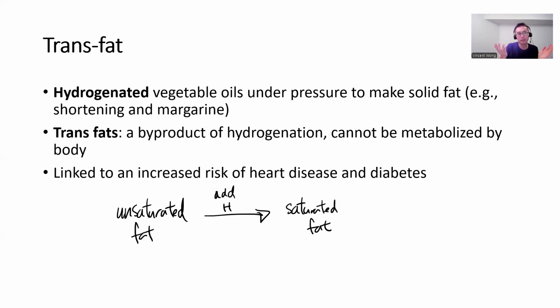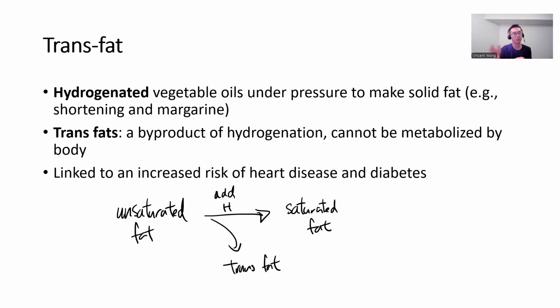So the food industry found a way to take vegetable oil, which is liquid, and convert it into a spreadable form. This process is called hydrogenation. And the byproduct of hydrogenation is trans fat. Okay, now before we get to that, these kinds of hydrogenated fat are highly processed and they're not too good for you.